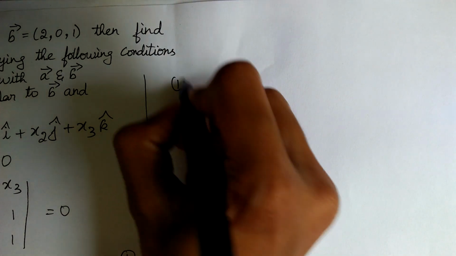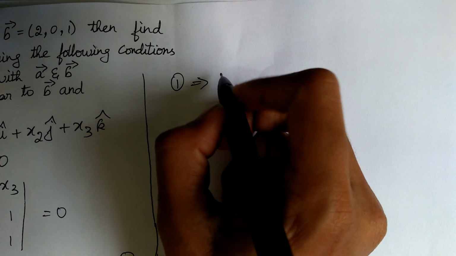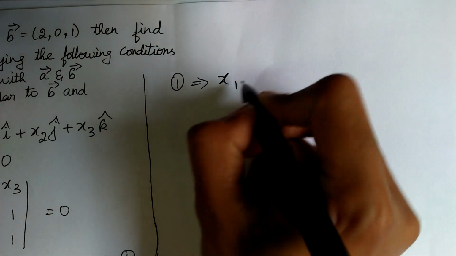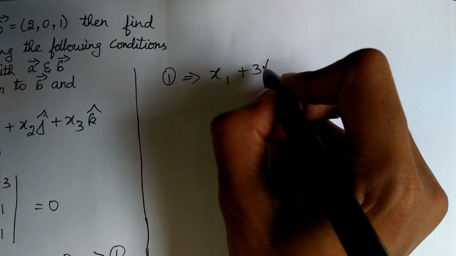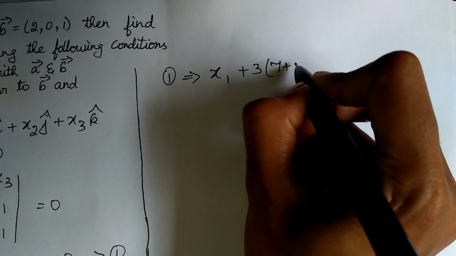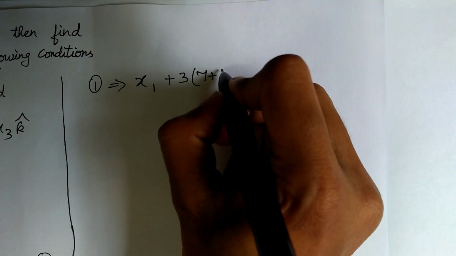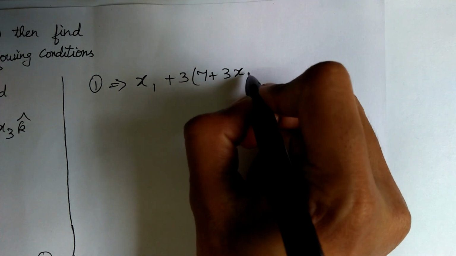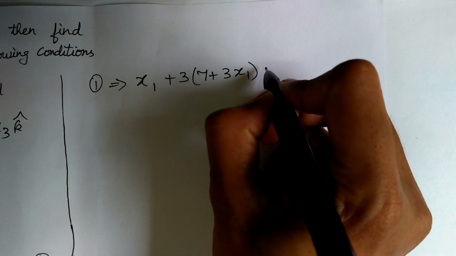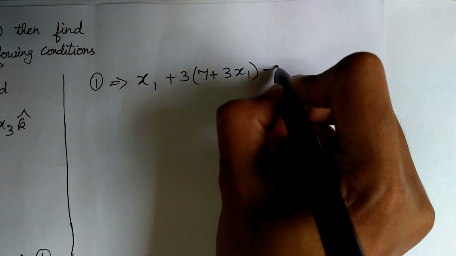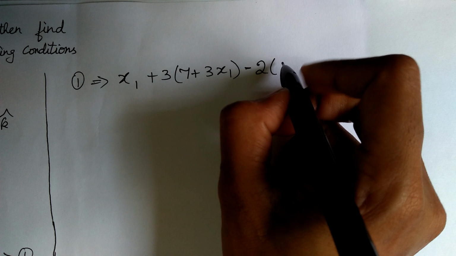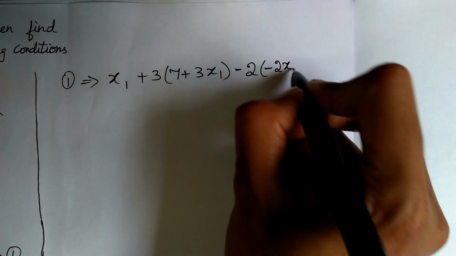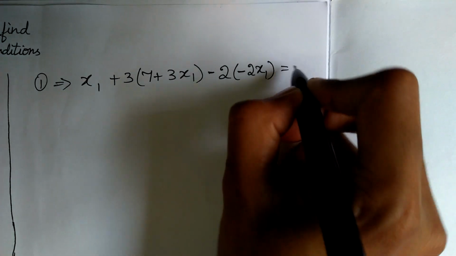Therefore, from equation number 1, we get x1 plus 3 into x2, the value of x2 is 7 plus 3x1, minus 2x3, the value of x3 is minus 2x1, is equal to 0.